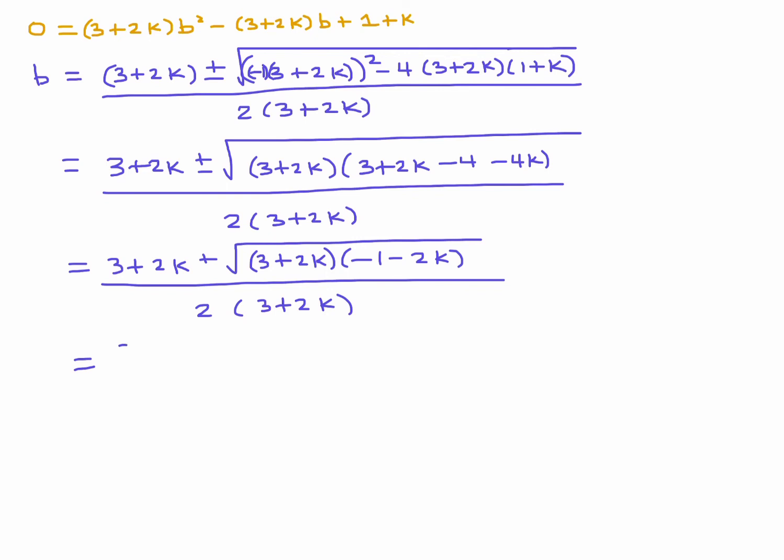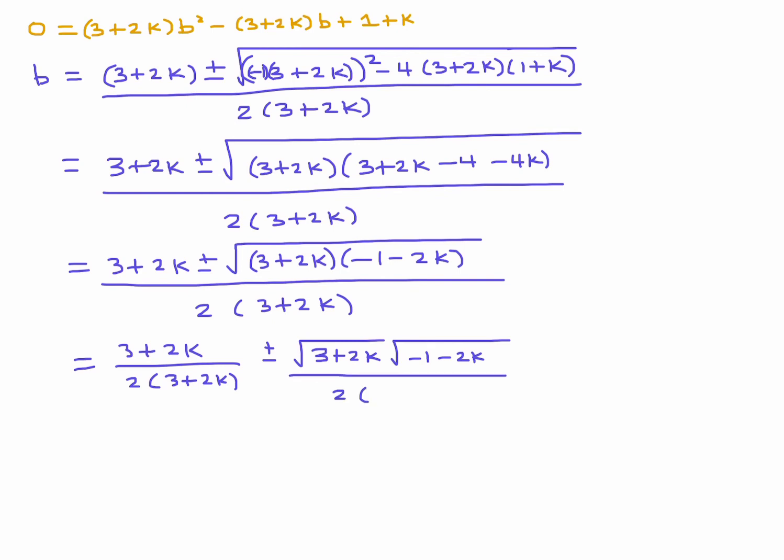And if you break this up, you'll get a little bit of a simplification here. 3 plus 2k over 2 times 3 plus 2k, like that. And then this will be plus or minus, let's see here, minus 3 plus 2k. I'm going to break that up into two separate radicals. That's perfectly allowed. Minus 1 minus 2k, like that.